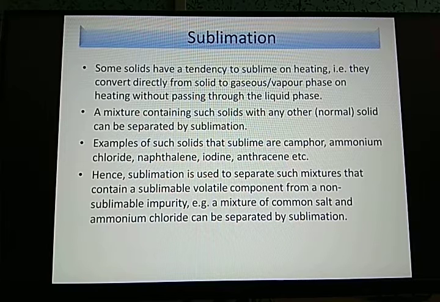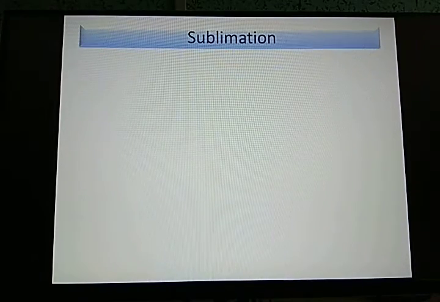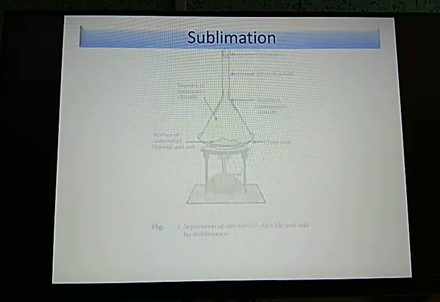But the non-sublimable substances remain as they are. Even if you heat them, they don't get vaporized as quickly as the sublime substances. So through this process of sublimation, we can easily separate out such volatile and non-volatile components present in that mixture. Let us now see one experiment of sublimation.